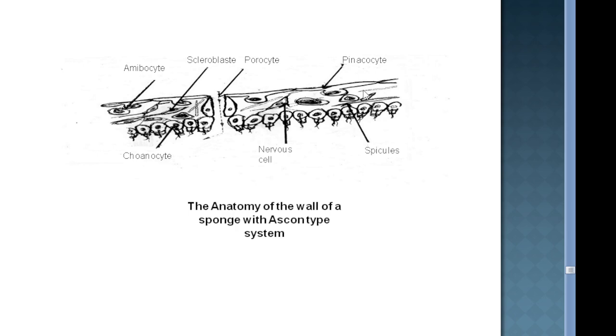The circuit of the water is from the external area to the internal area, and it will cross the dermal ostia. So here you have the anatomy of the wall of simple sponges.